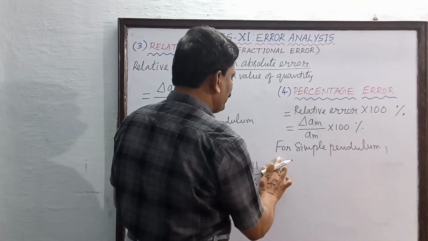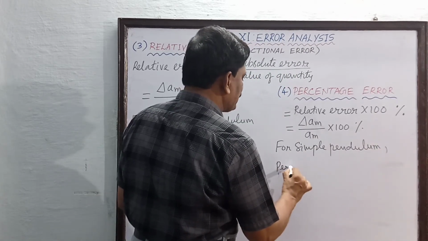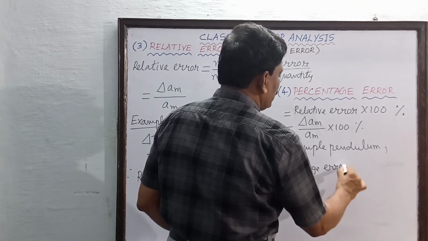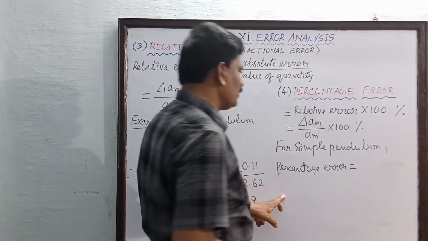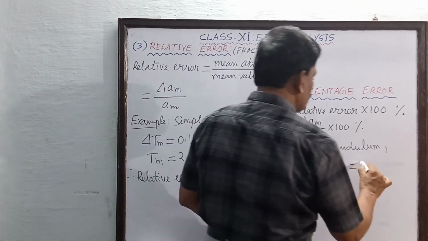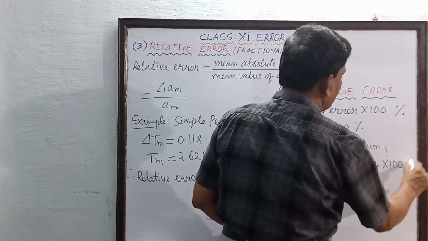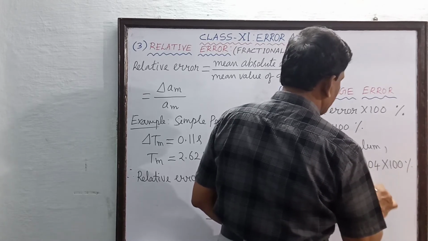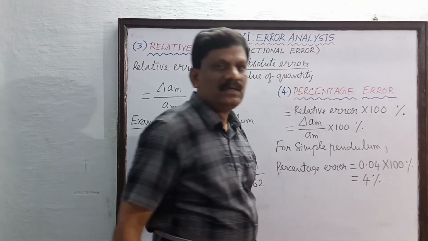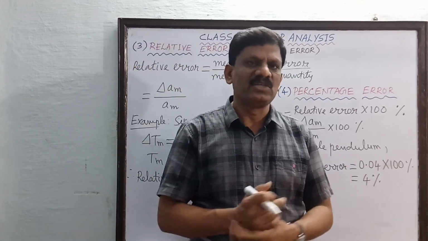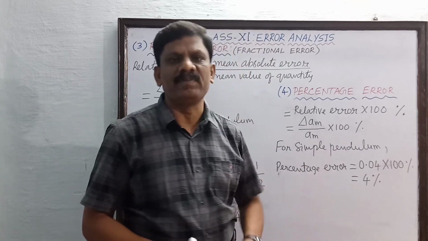So the percentage error is equal to the relative error, 0.04, multiplied by 100 percent. So this is equal to 4%. So the error in the observation of the period of oscillation of a simple pendulum is found to be 4%.